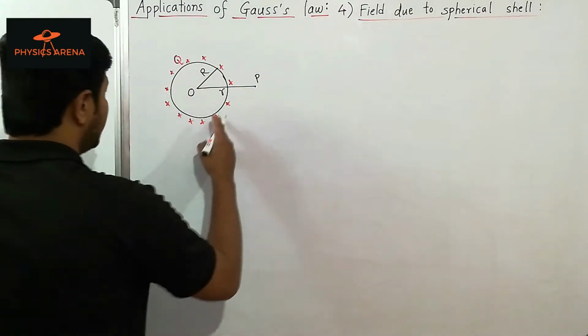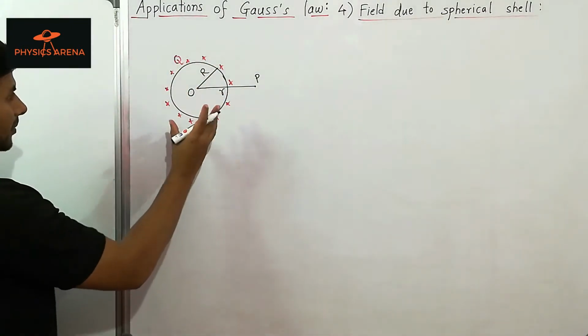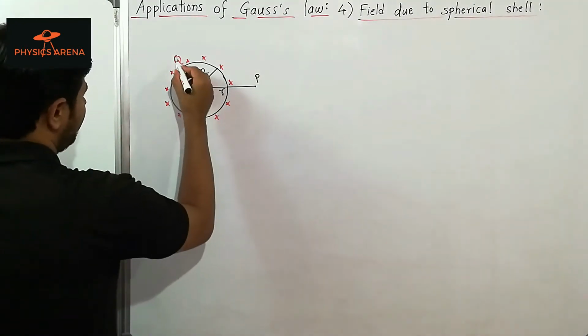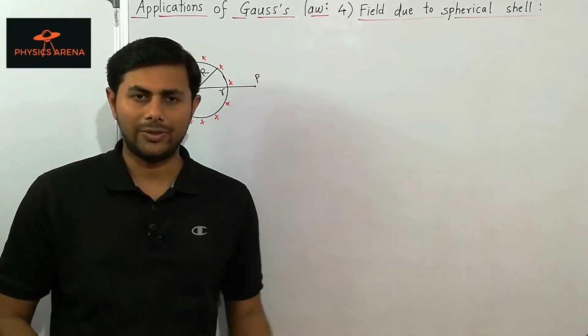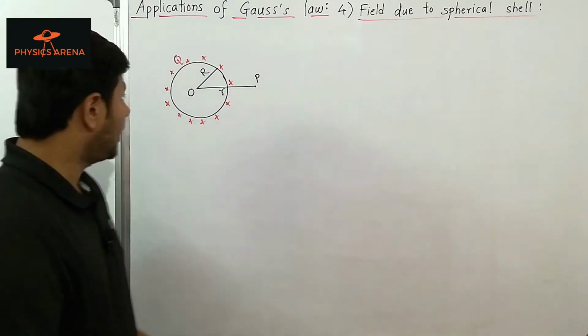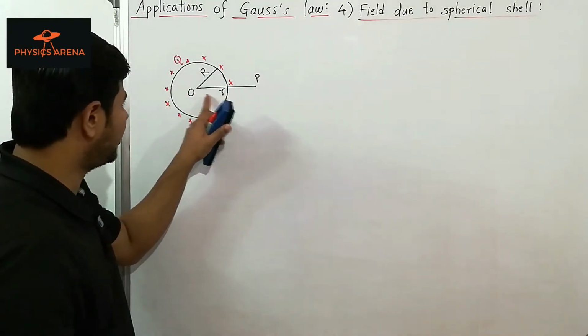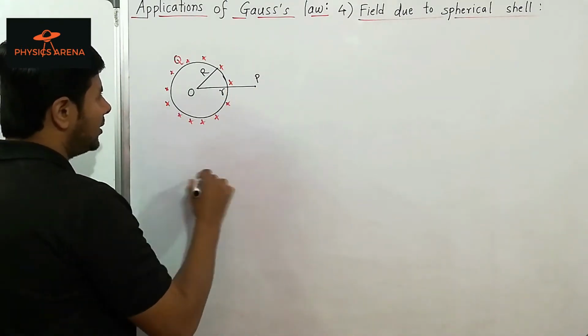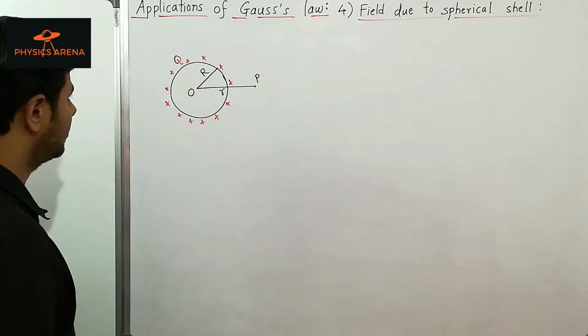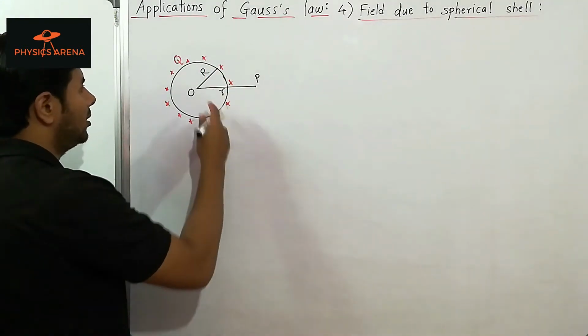So suppose this is our charged spherical shell. This positive charge is uniformly distributed all over the surface of the shell, and we want to find out its electric field at this point at distance r away from the center. Capital R is radius of the shell.